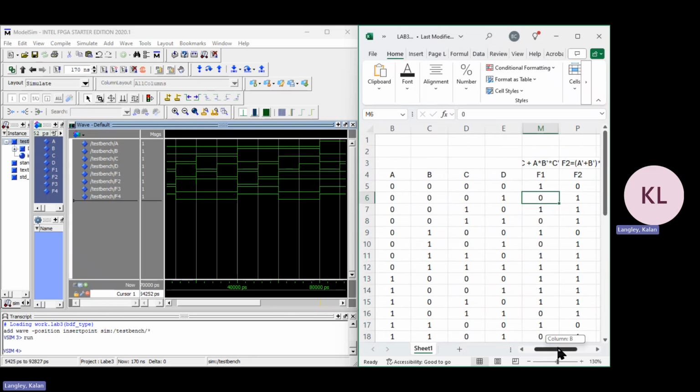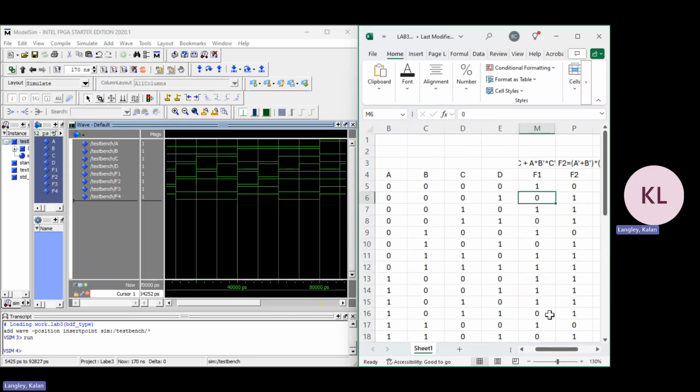We're going to be using a test bench in ModelSim this go around. Prior to the previous video, we did not use a test bench. We just added the wave and had to move this window around all over the place and play with the clock settings to find each iteration. That was rather cumbersome. This is really nice because we can step everything through and test each iteration for A, B, C, and D, all the different combinations.